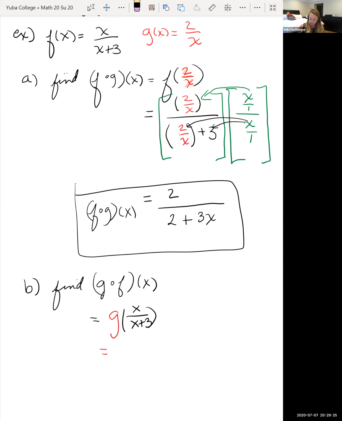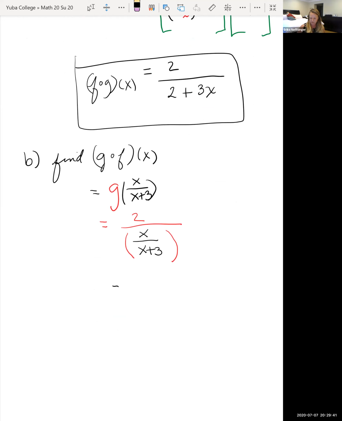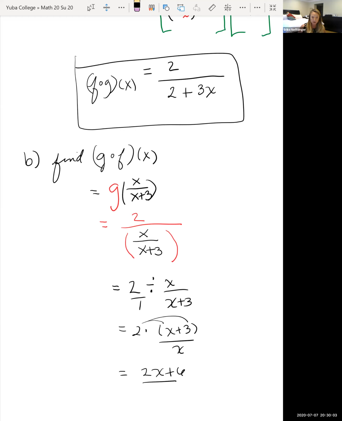So we have 2 all over, there's an x there, so let's put parentheses. And now we're going to put in those parentheses what we're evaluating at, x all over x plus 3. So you can think of this as 2 divided by a fraction, x over x plus 3. So this is 2 times the reciprocal, x plus 3 over x. If we distribute our 2, we get 2x plus 6 all over x.